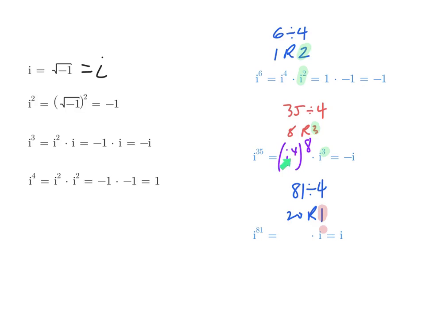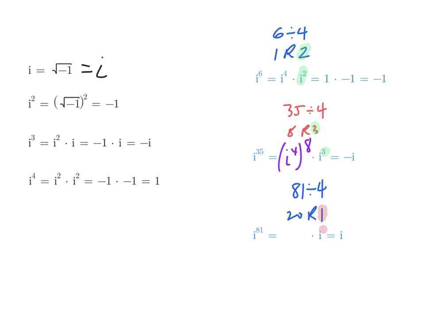So this is really i to the 32nd, but this is 1 to the 8th. 32 and 3 gives me the 35. This would be i to the fourth to the 20th, which is i to the 80th, with 1 left over. But we don't need to worry about that part. If you want to understand why that division works the way it does, it's because of this. The key is the remainder. The remainder tells you whether you're going to get an answer of i, -1, negative i, or 1.